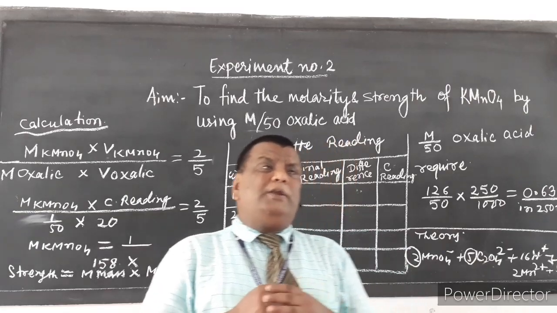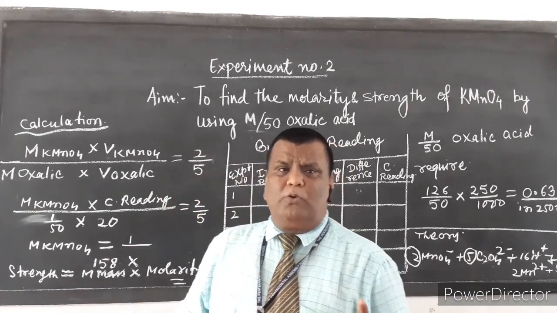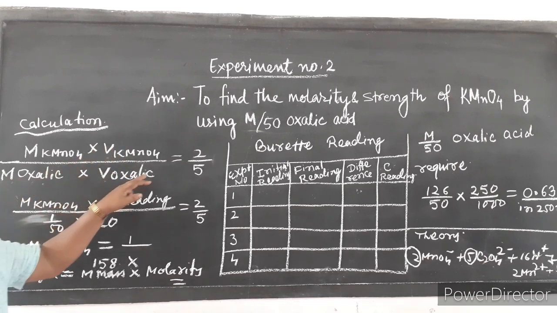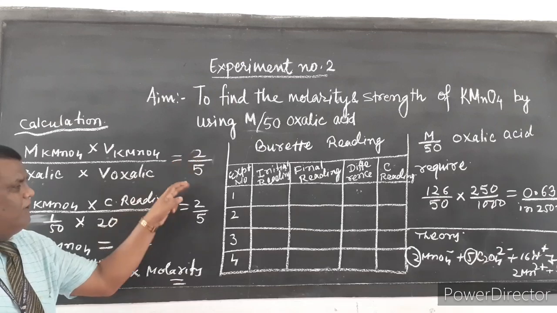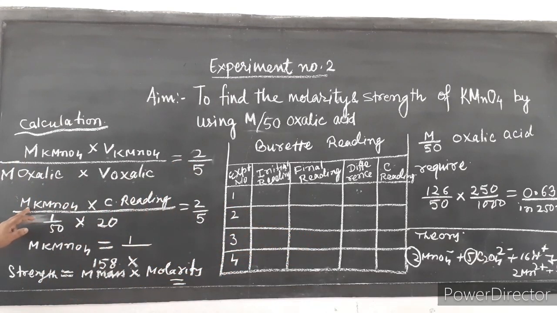So when we use the M1V1 formula, it will be M KMnO4 into V KMnO4 by M oxalic into V oxalic equals 2 by 5. From there, M KMnO4 we do not know. V KMnO4 will be the concordant reading, that experiment part is left.